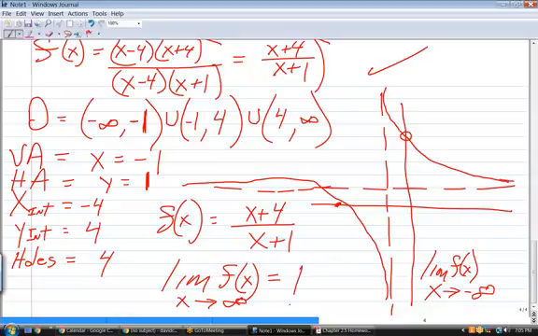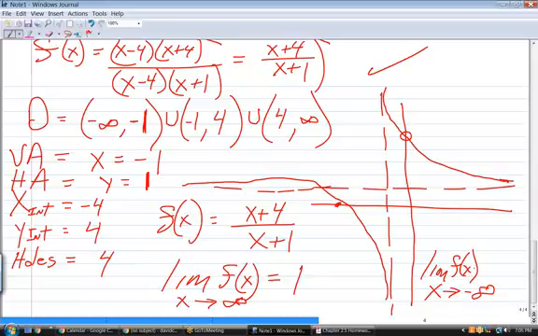In other words, when I say what is the function approaching, I always mean what is the y value approaching. That's f of x. So I'm saying what does f of x approach as we go to infinity on the x-axis? Well, clearly it's going to this horizontal asymptote, 1.